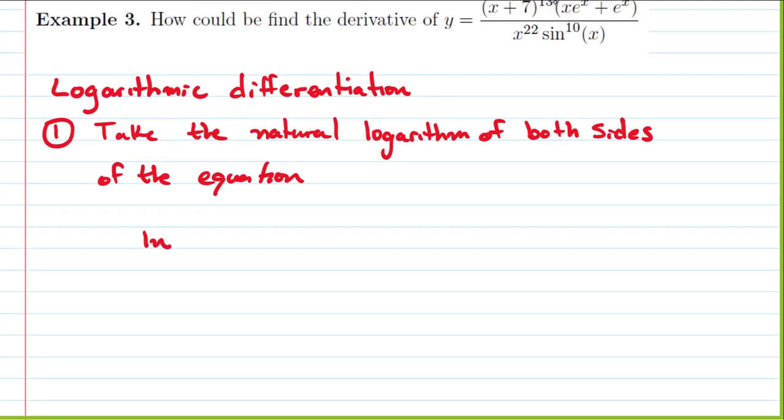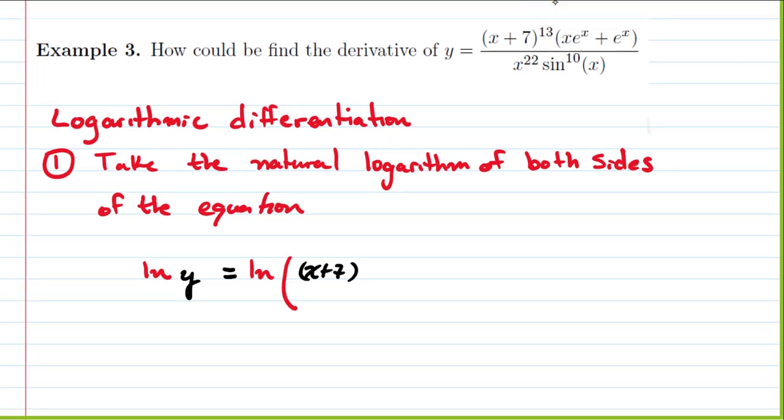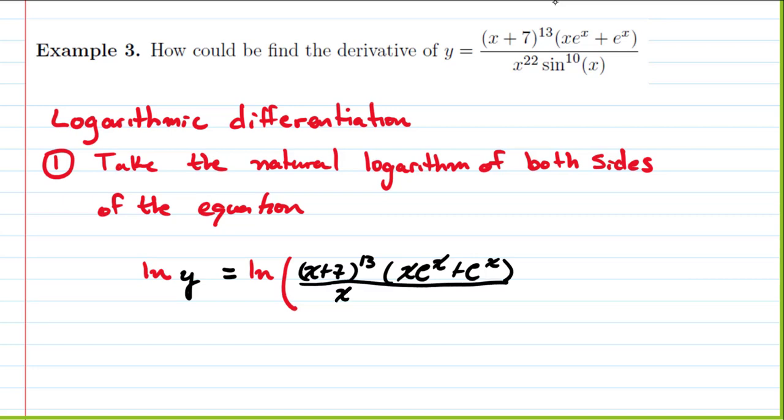So that's going to give me the natural logarithm of y is equal to the natural logarithm of this whole thing, right? x plus 7 raised to the 13th power times x e to the x plus e to the x, all divided by x to the 22nd power sine to the 10th power of x. So now I do have a logarithm, right?